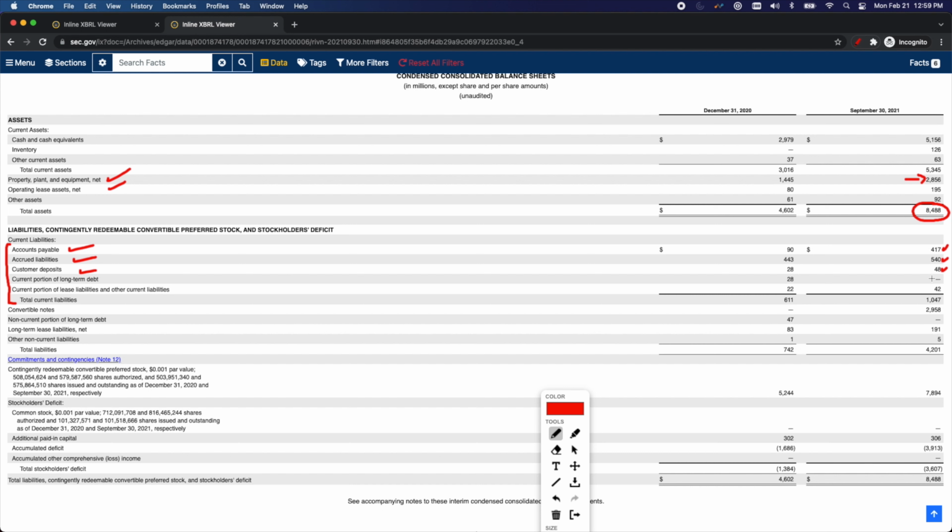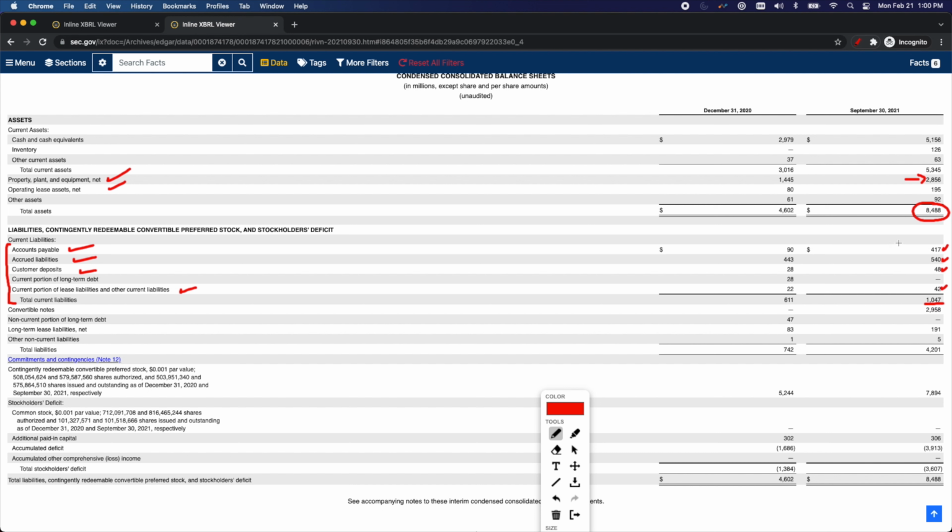So $48 million worth of customer deposits, similar to Tesla, where customers paid or reserved their vehicles in advance, and some short-term debt and other liabilities, 42. So we have a total of almost $1 billion in liabilities.